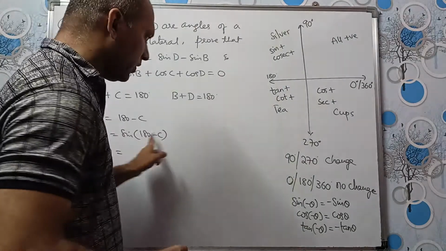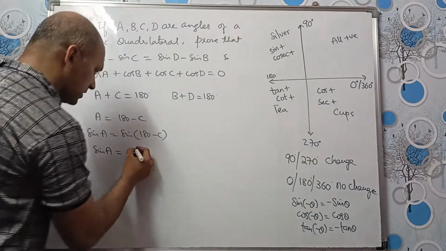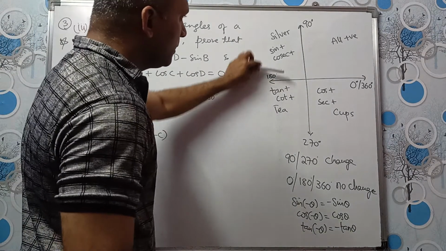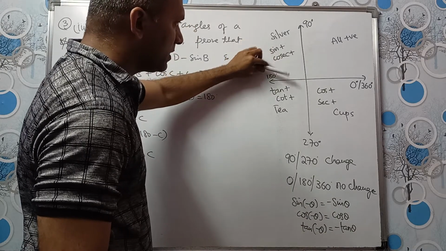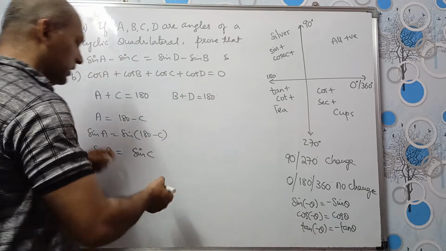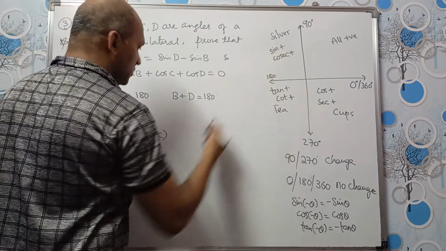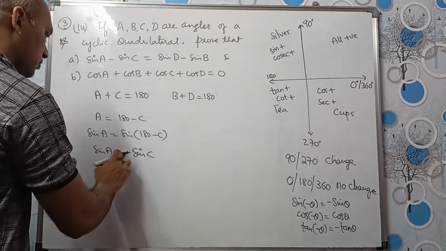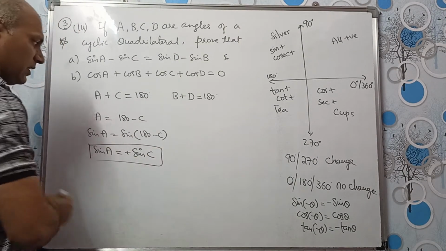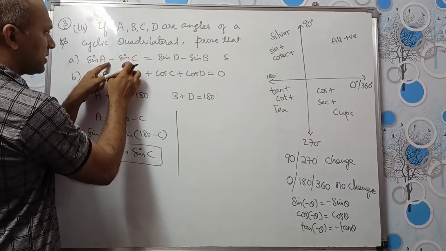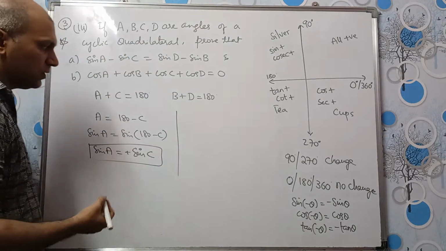Sine 180 minus C. At 180 there is no change, so sine will remain sine, so this will be sine C. 180 minus something lies in the second quadrant. In the second quadrant, sine is positive, so this will be positive. So we have sine A and sine C both equal. So sin A minus sin C, if they are equal, will be equal to 0, right?